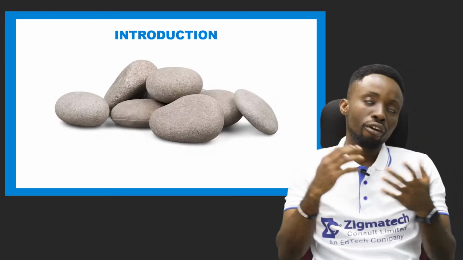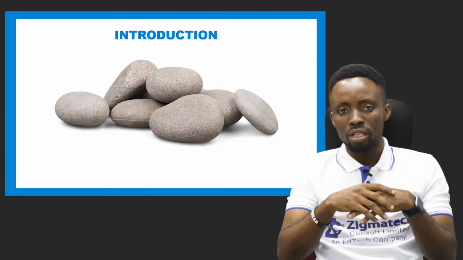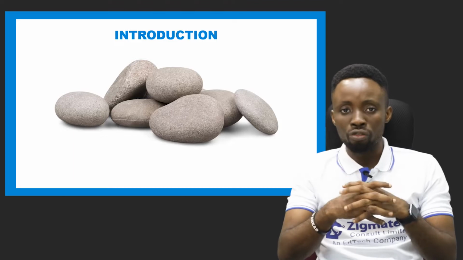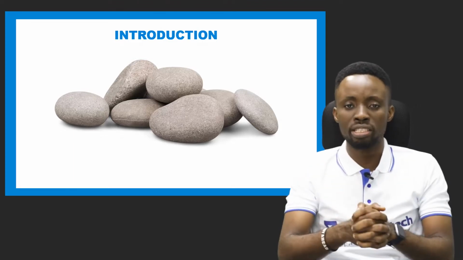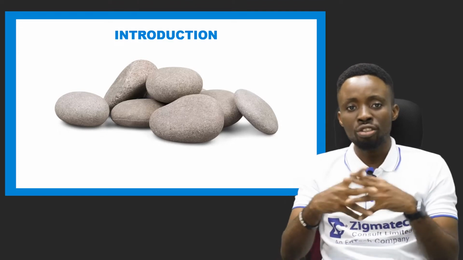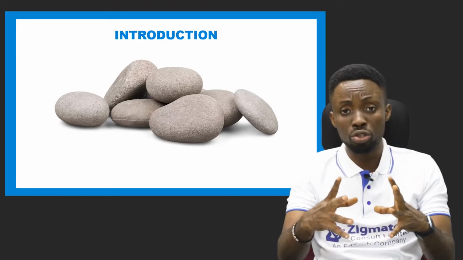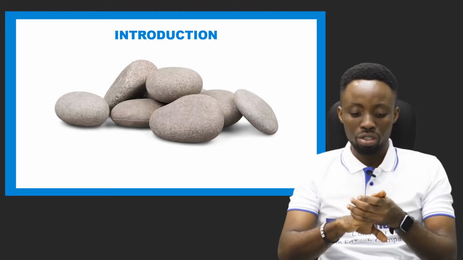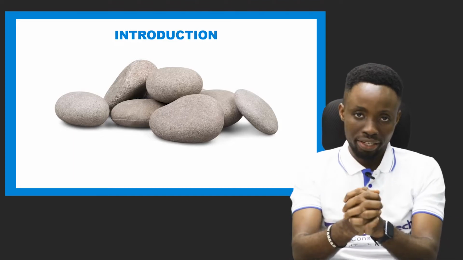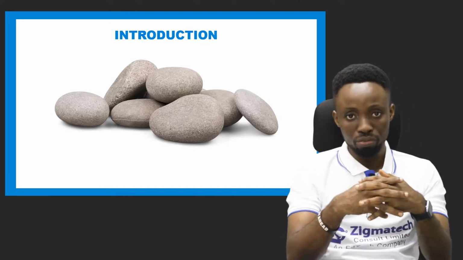So, before we look at rocks, if you look at the structure of the Earth, or the lithosphere to be precise, you will discover that the lithosphere is the solid part of the Earth's crust. And this lithosphere is actually made up of minerals that are combined together, or we say an aggregate of what? Of minerals.